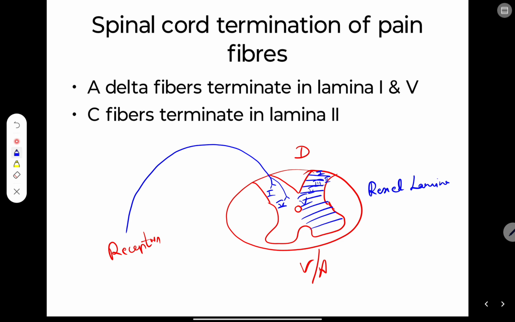Now the A delta fibers, which carry fast pain, end in lamina 1 and 5.